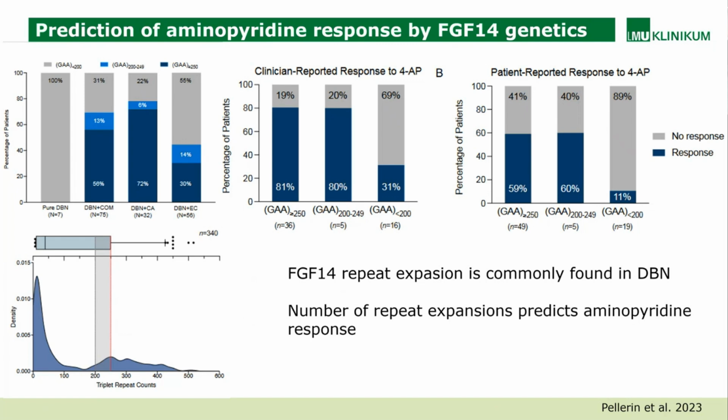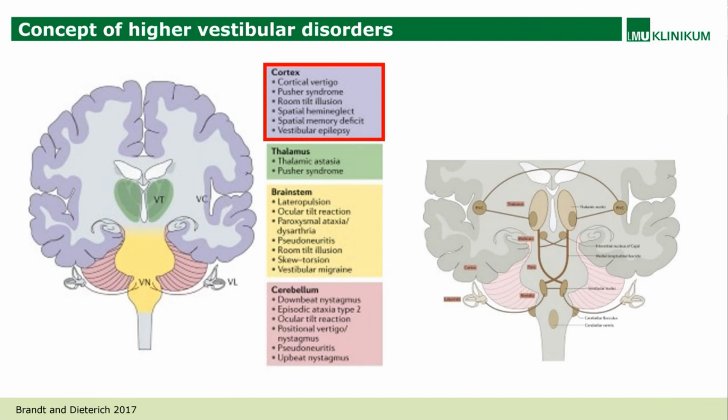If they had a lot of expansions, they responded, and if they had not, they did not. And this is just another example: if you understand pathophysiology and genetics, you may also make individualized predictions, and this ends up as individualized medicine, what we all strive for. So just 2 more minutes, Jody, if you allow.